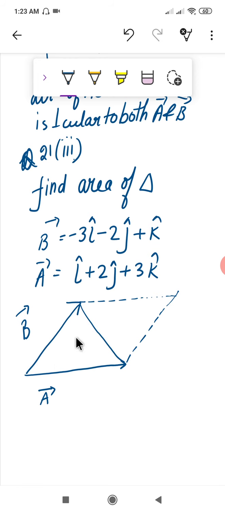Are you getting this point or not? You need half of the area of the parallelogram.